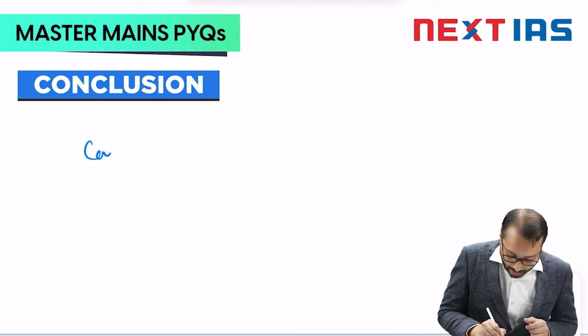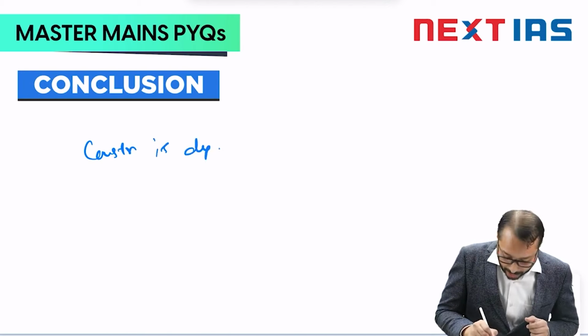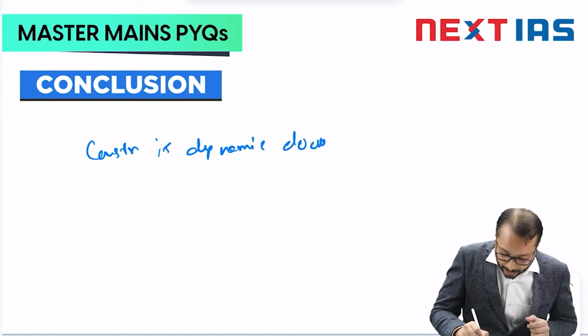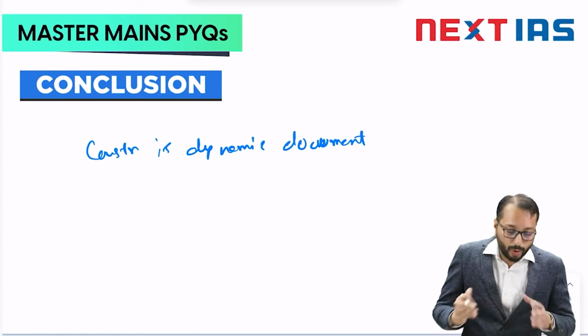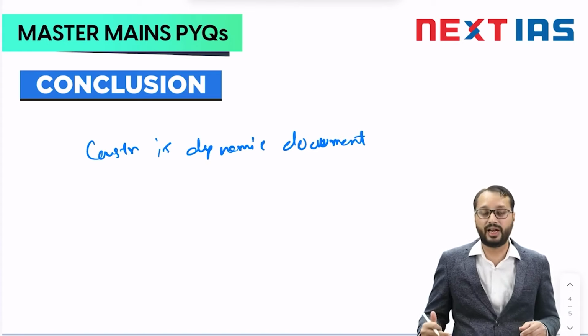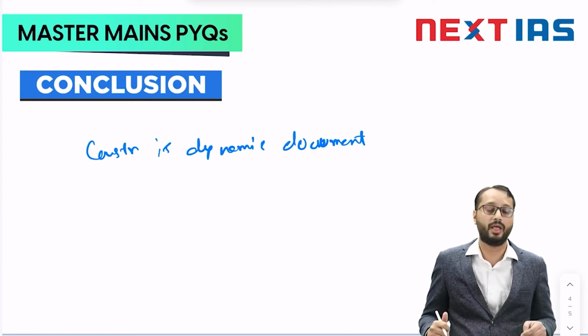We have shown that the Constitution is a dynamic document with global features, and it has a very inclusive nature and adapts to the changing nature and values in society.